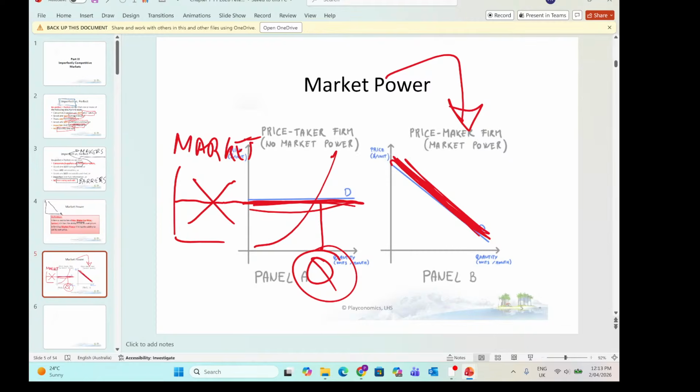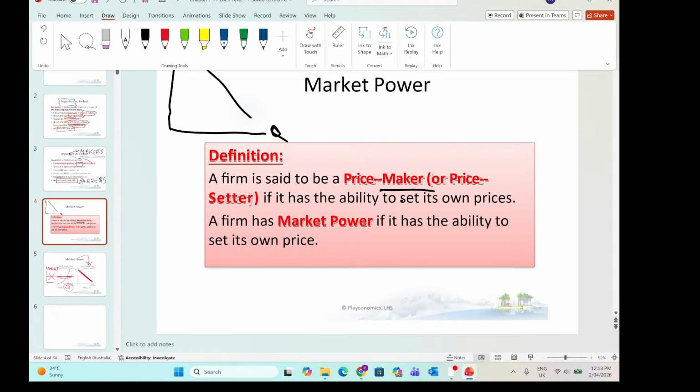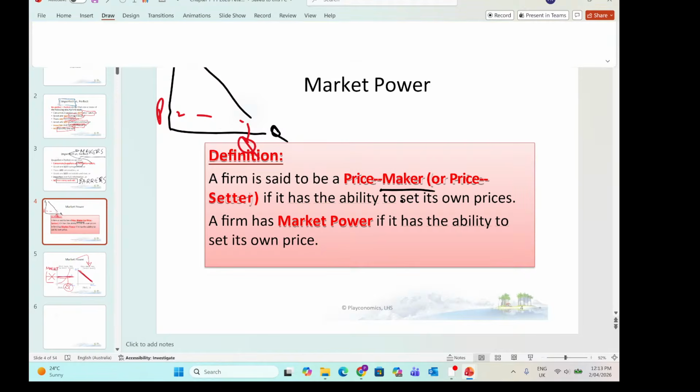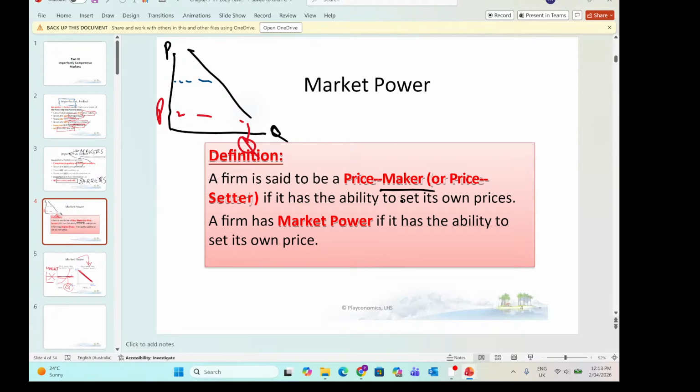Which means that, what's it mean? It means this: if I'm the monopolist and I want to raise the price from P, where I'm selling Q, to P1, then I will sell Q1.